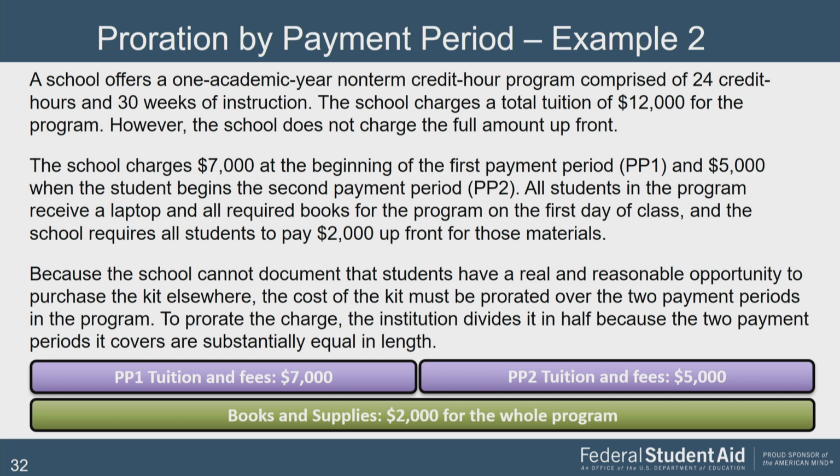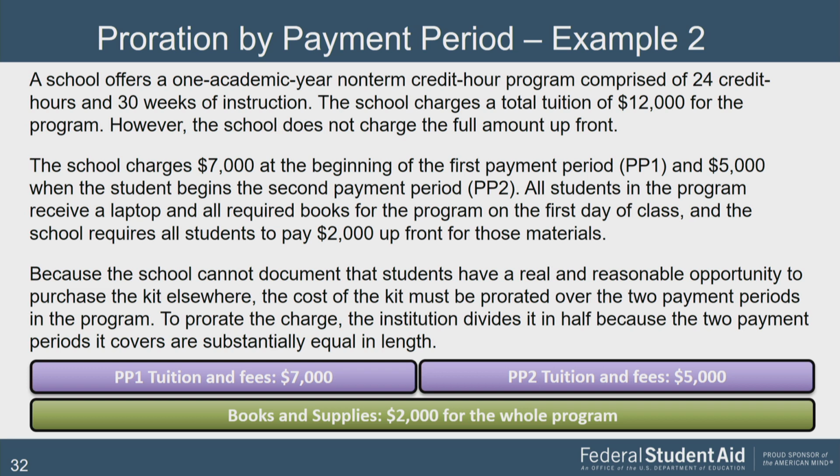Because the school cannot document in this case that students have a real and reasonable opportunity to purchase the kit elsewhere, the cost of the kit must be prorated over the 2 payment periods in the program. And to prorate the charge, the institution divides it in half because the 2 payment periods it covers are substantially equal. So let's look at the way this works out in the graphic here that David's done.